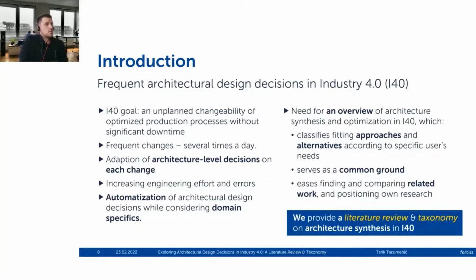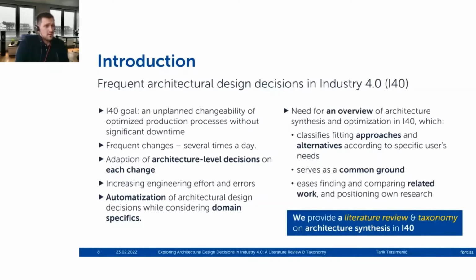So what we need, because we have a lot of solutions from other domains, and we have this quite huge area, is an overview for architecture synthesis and optimization in Industry 4.0, and this overview would classify existing approaches. So it will offer a user or practitioner a possibility to compare possibilities and to choose the appropriate one for their use case.